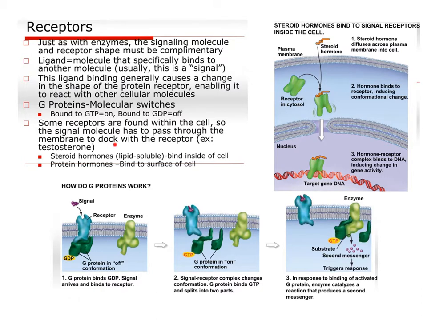Now, when we're looking at steroid hormones, these are the lipid-soluble hormones, their receptors are actually inside of the cell because remember, steroids are small and nonpolar, and therefore they can easily, here's an example of it, the steroid hormone can pass through the membrane quite easily. This receptor protein, instead of being bound to a membrane, is actually just floating in the cytoplasm.